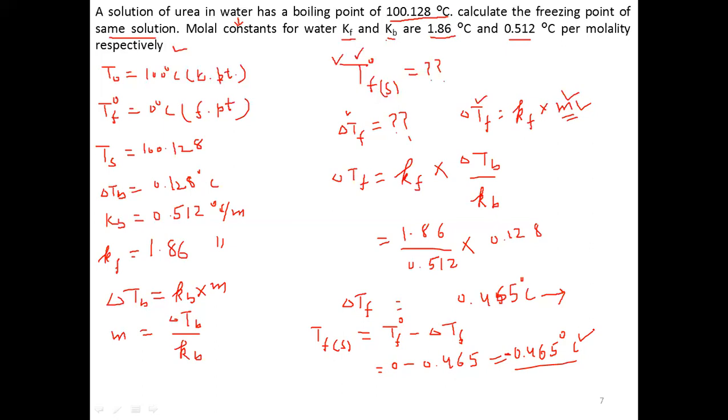Next, move to next numerical. Let us move to next numerical, and which is the last numerical of today. Now we are given with 68.4 gram of sugar whose molecular mass is 342 is dissolved in 1000 gram of water. So we have to calculate freezing point, boiling point, vapor pressure at 20 degrees Celsius and osmotic pressure of the solution at 20 degrees Celsius.